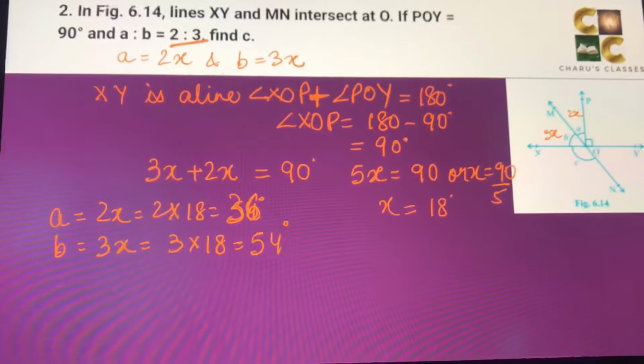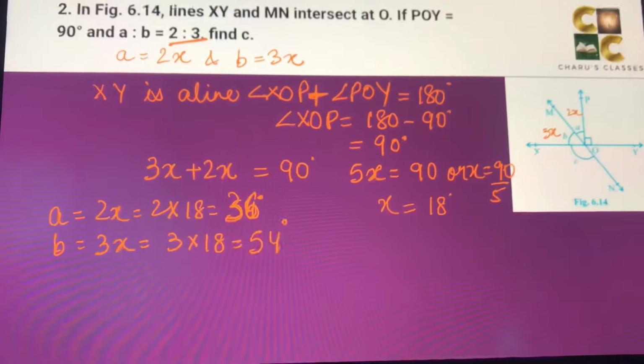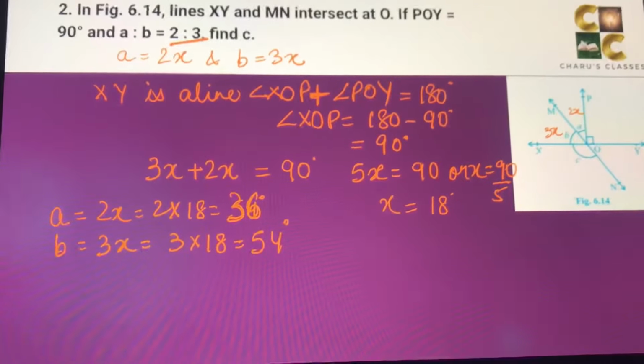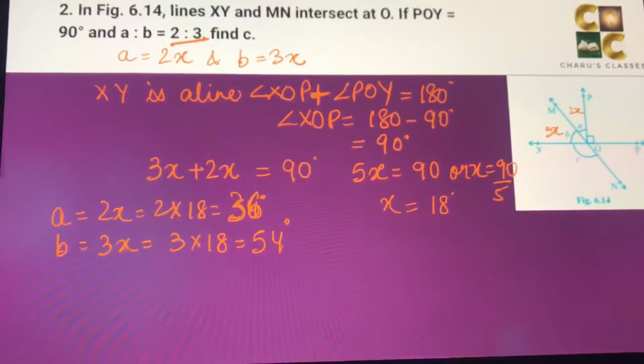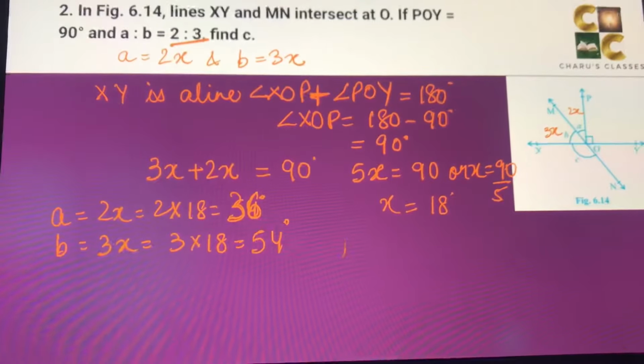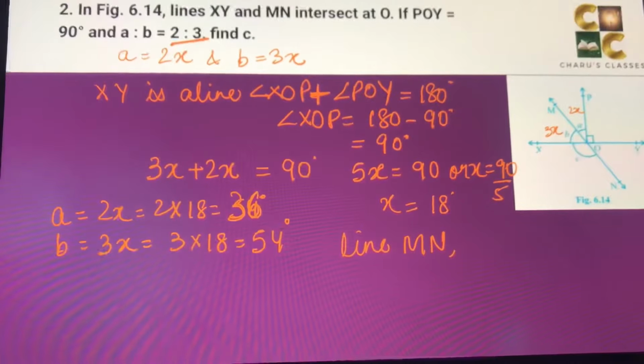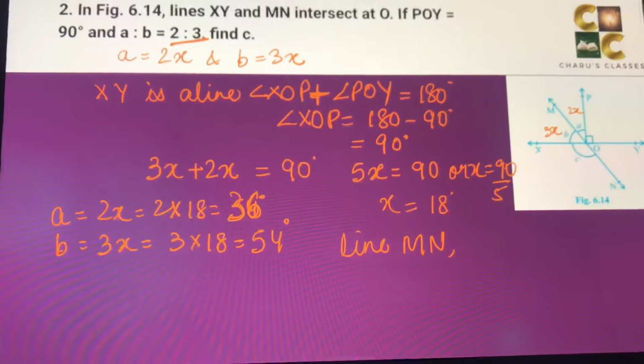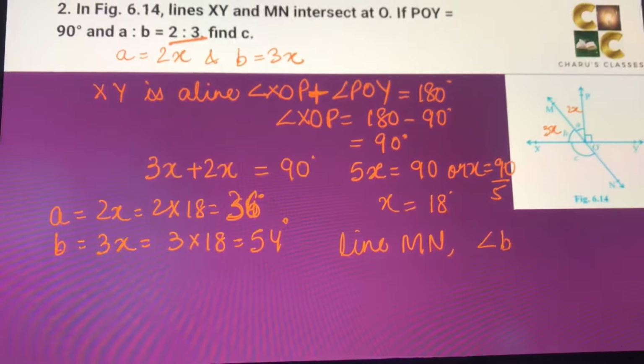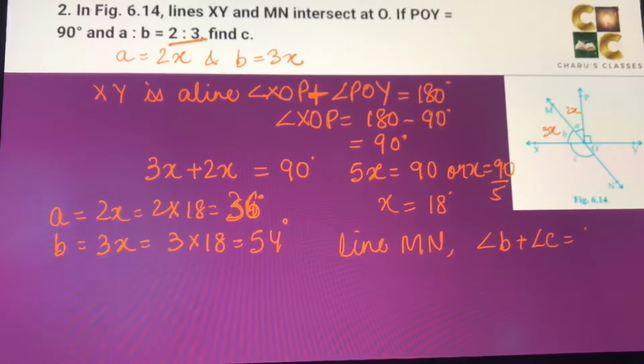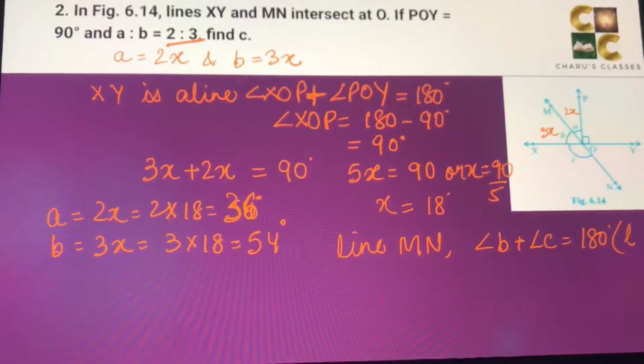So now we know the values of angle a and b. They are asking us to find angle c. So if you look there, the line MN is there, and on the line MN the sum of angles has to be 180 degrees. It's a linear pair. So angle b plus angle c is equal to 180 degrees because of being a linear pair.